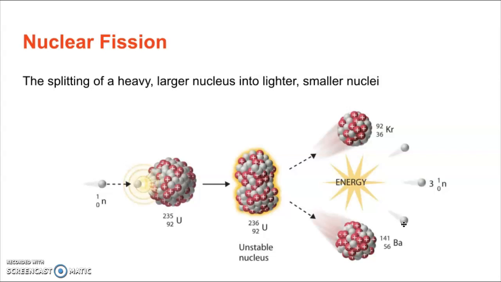So fission, unlike fusion, takes a heavy, large nucleus and splits it into smaller, lighter nuclei. It's pretty much the exact opposite of fusion. And as we said before, this is how all of our elements larger than iron are created. This is what happens in exploding stars.